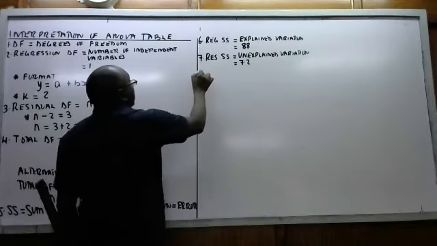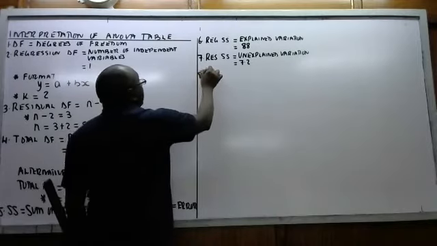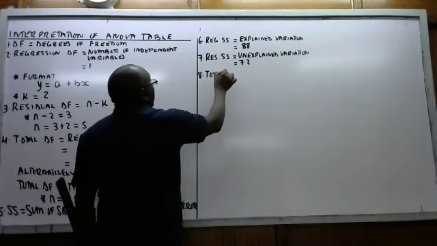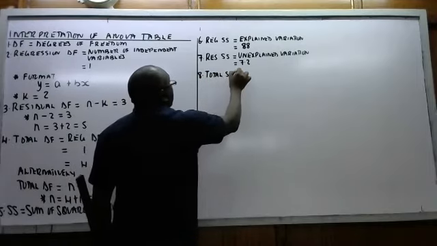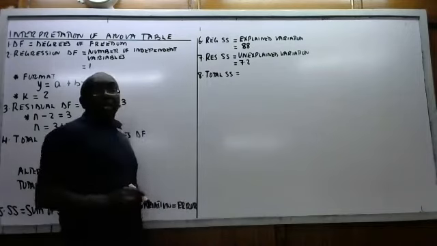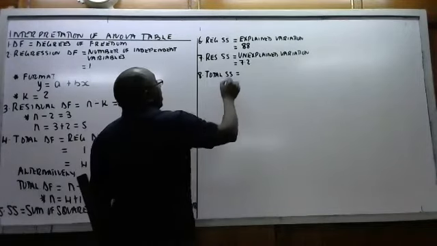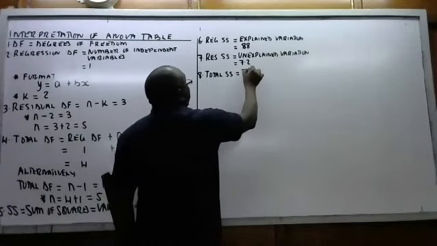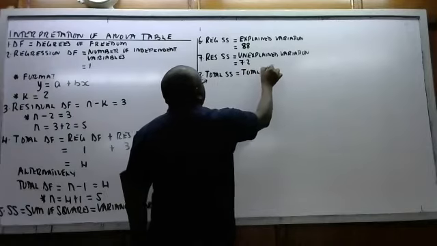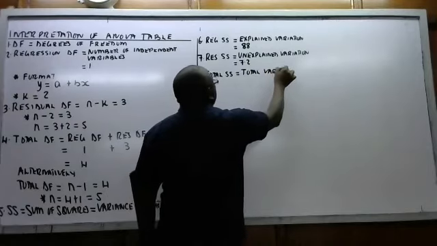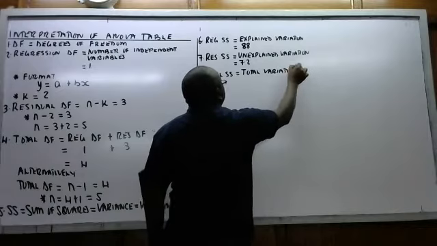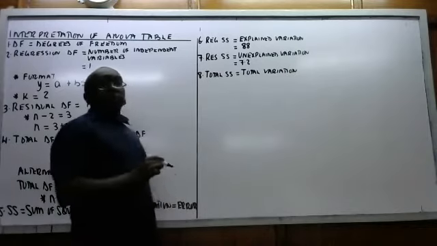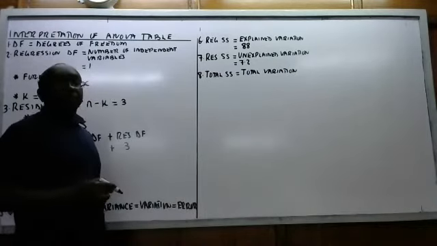Point number 8. It is the total SS. Now, total SS is called total variation.